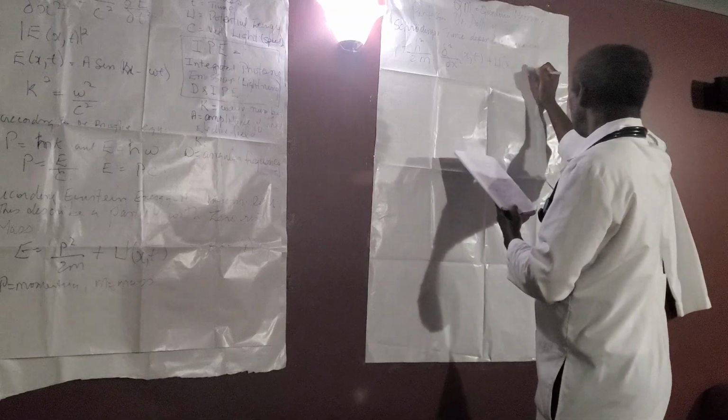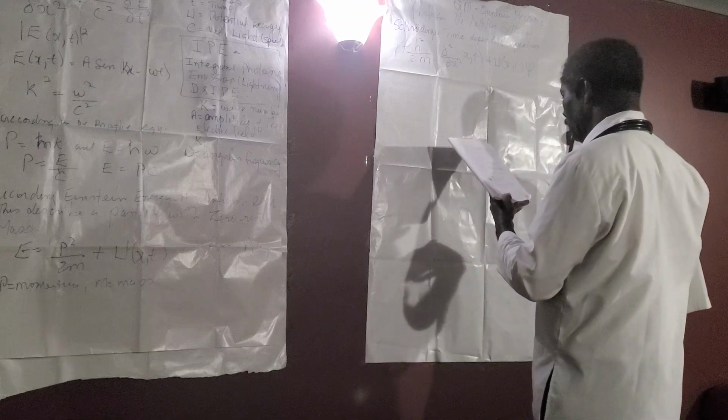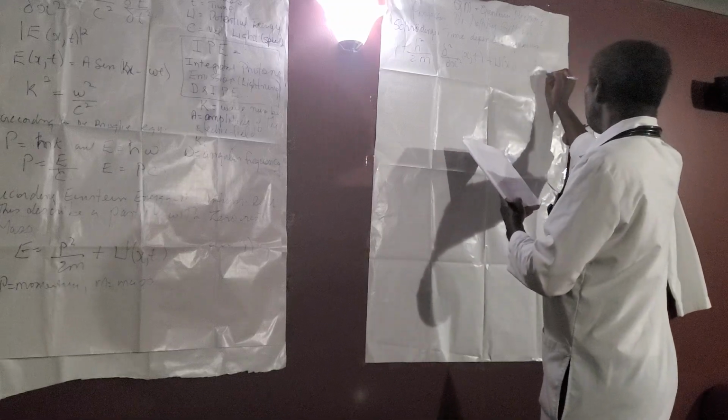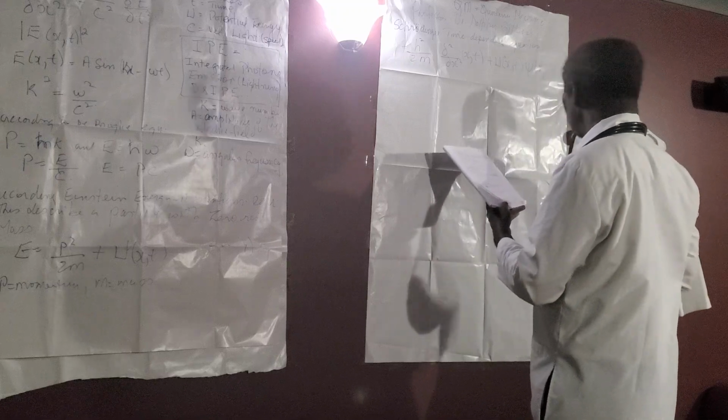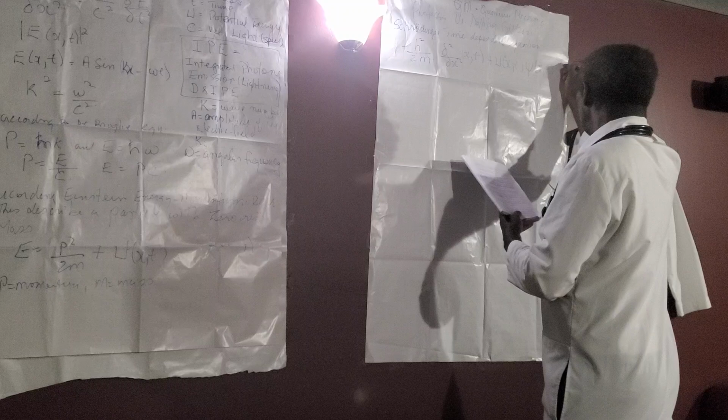Psi of x and t, 7.4.5 reference. And this is equal now to i h partial psi of x and t over partial t.